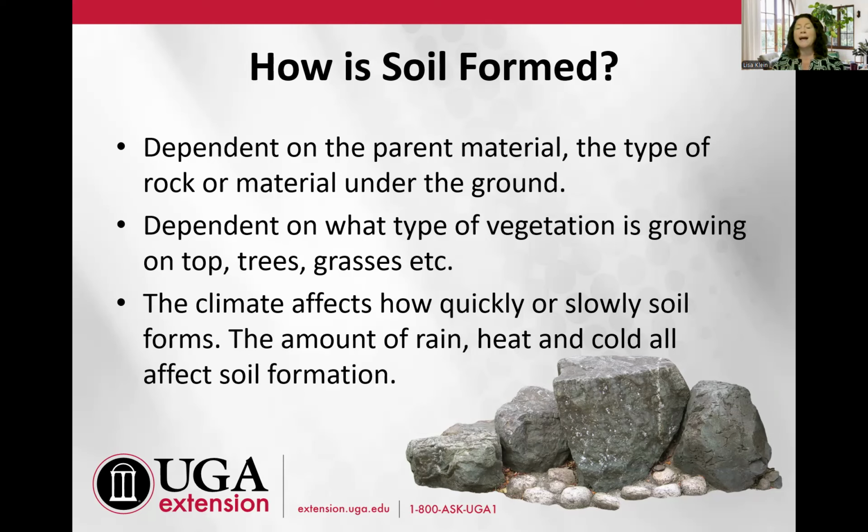So what type you have depends on the type of vegetation that's growing there, how the root system breaks that down, and the climate that you have, the amount of rain, heat, cold, all of that stuff. That's all going to be a factor in what kind of soil you have, in addition to how much topsoil. Topsoil is going to be that top 1 inch or 2 inches of soil that the plants need, that the plants grow into.